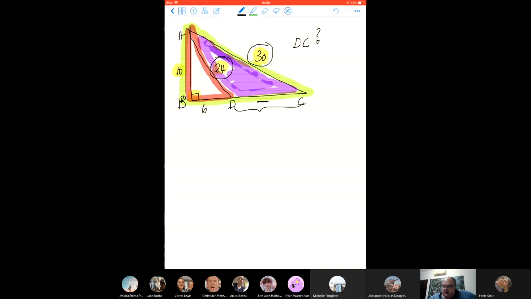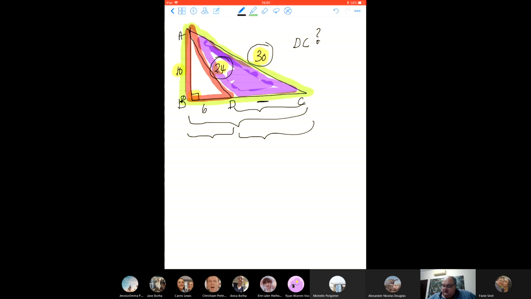It's not straightforward. To get DC, I find the whole length using the big triangle, then I find this length BD using the small triangle, and if I subtract the 2 of them, I am going to get the DC that I want. That's my strategy.